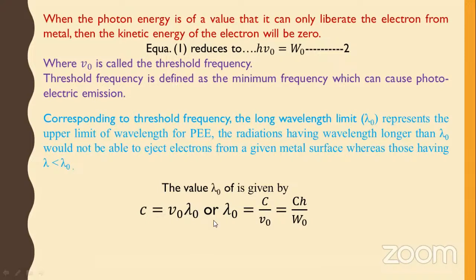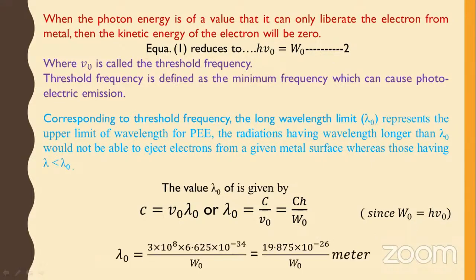For the threshold case, lambda naught equals c by nu naught, or here, c h, that is the speed of light into the Max Planck equation, as well as nu naught equals W naught. According to equation 2, W naught equals h nu naught. By substituting all these values, you can get the lambda naught value.